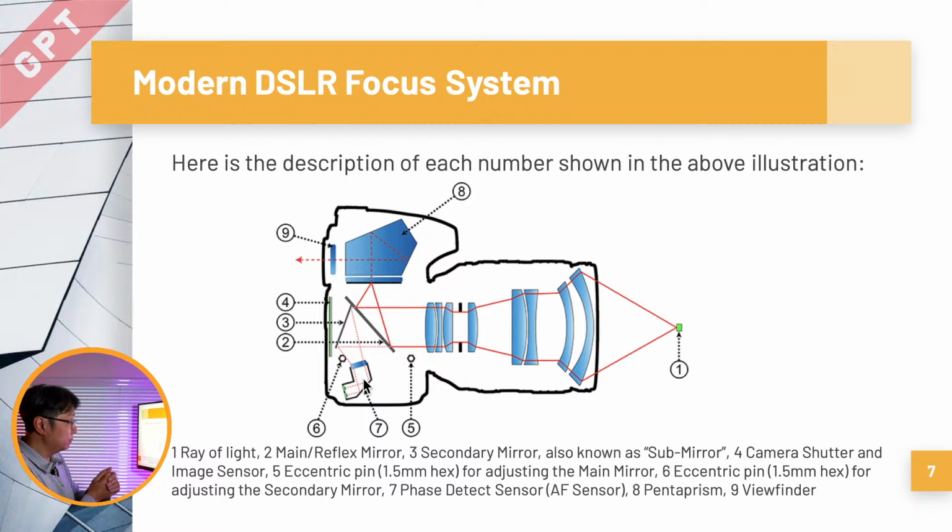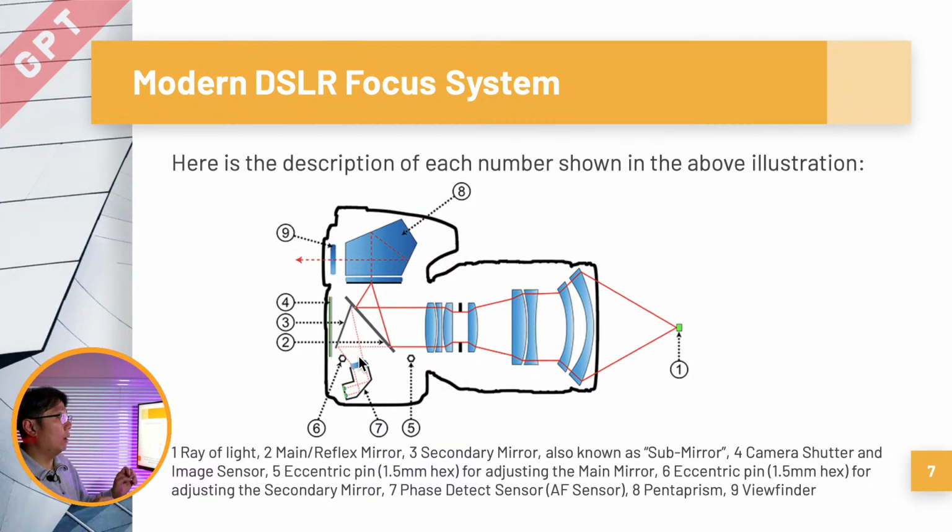And when the mirror flips up and covers up the PASM area, the light will go straight to the sensor here, number 4, the image sensor. So basically we have this sensor helping us get the image.